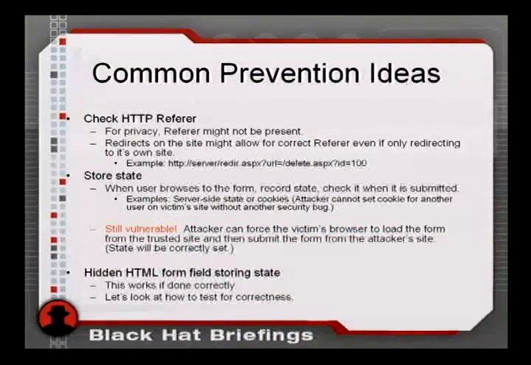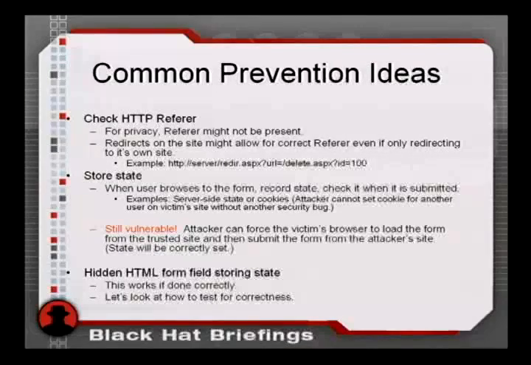So we're not here just to talk about how to pull off attacks, but also how to prevent them. Here are some common ideas for ways to prevent the attack. The first one is people commonly say, let's use the HTTP referrer. The reason that they suggest this is because the malicious form is coming from a different site than the one receiving it.